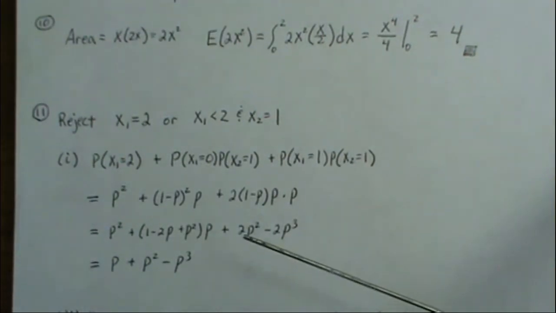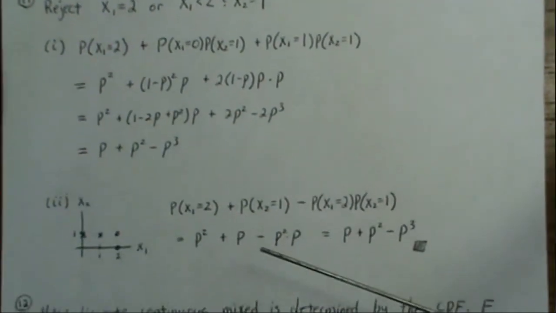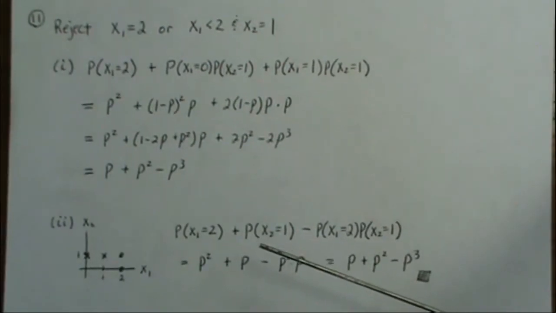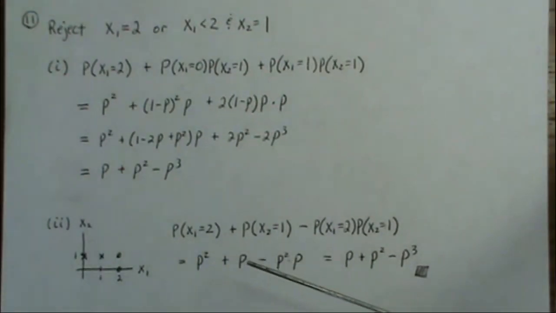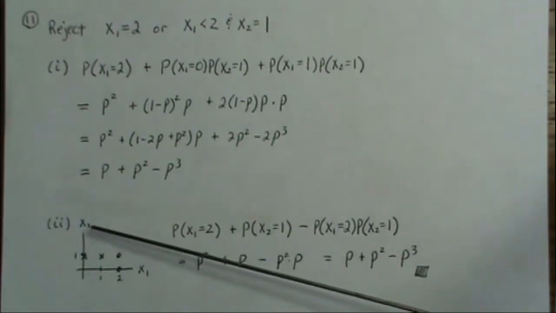Now the second case is where I like to draw a graph or a picture of what's going on. And here we have 2 variables, x1, which is the first time we sample, and the number of defectives can be 0, 1, or 2. And then the second sample is of size 1.